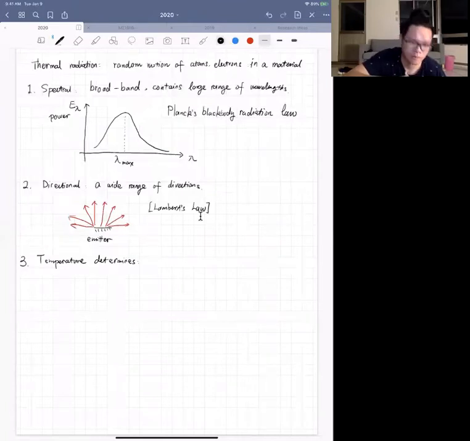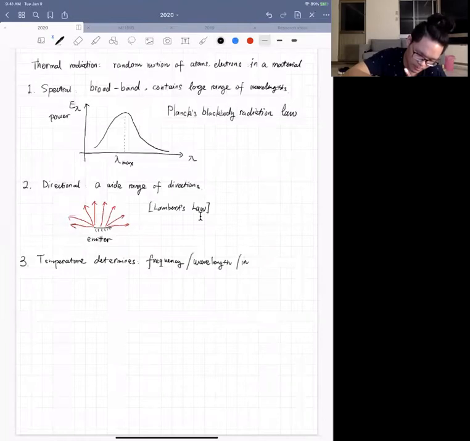The first one is the frequency, and frequency and wavelength are of course directly related. It also determines the intensity, how much power, how much energy the thermal radiation carries. Just intuitively, you imagine a hotter object is going to emit more power.